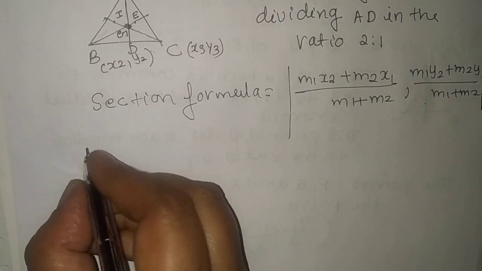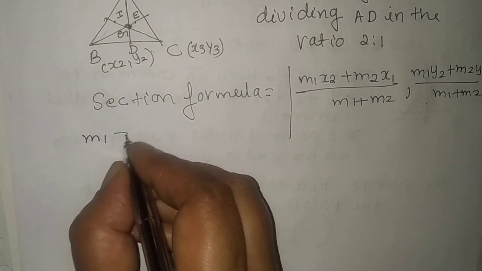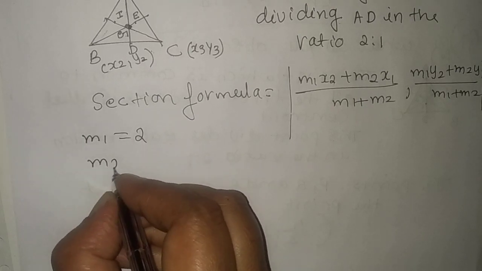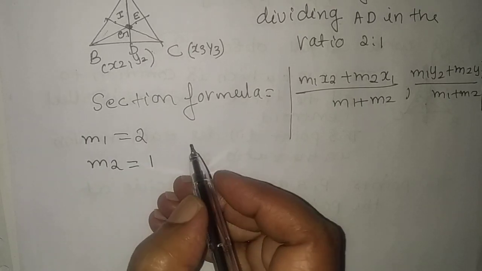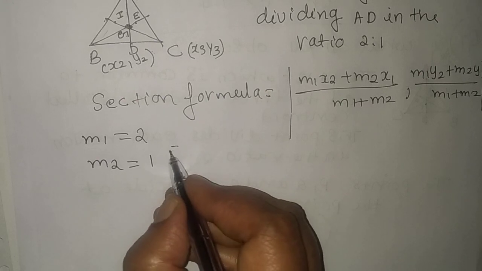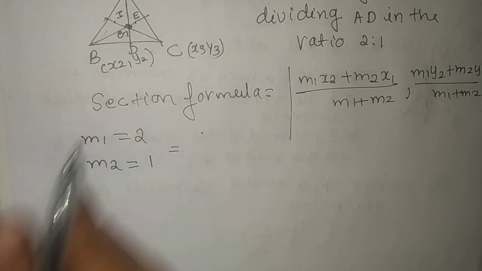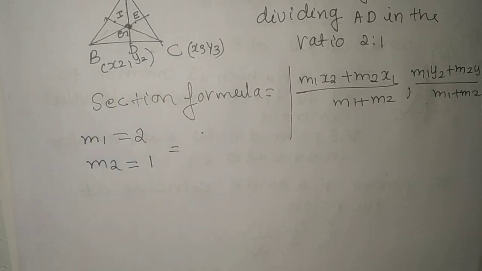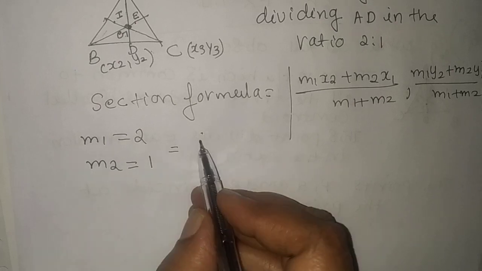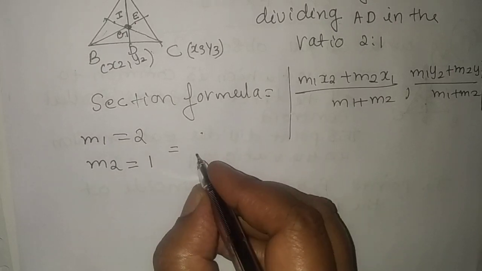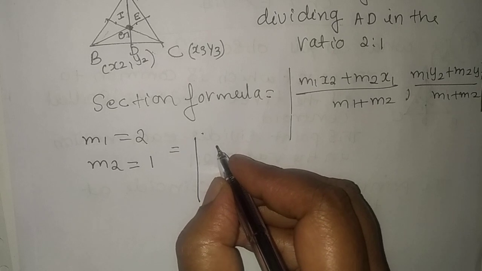So for the ratio we have m1 as 2 and m2 as 1, since 2:1 is given. So now we have to substitute, since these are the coordinates of the point dividing AD.